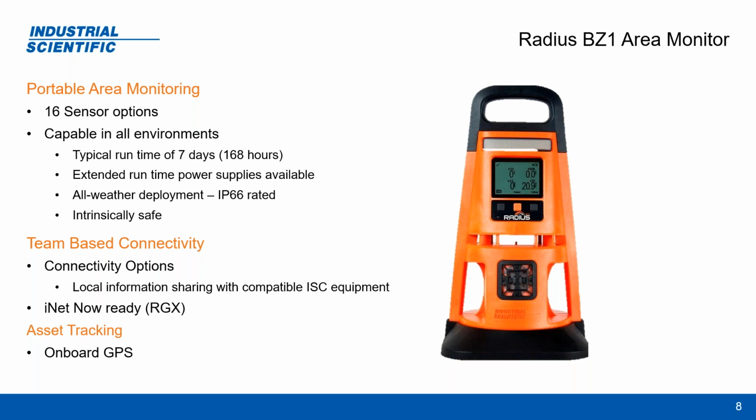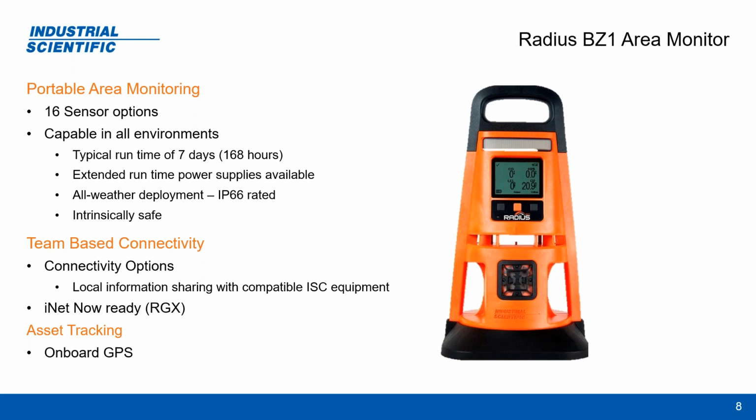The Radius can actually be configured to be up to a 7-gas monitor. And the Radius's claim to fame is really that it's meant to be put out in all conditions, in temporary assignments where you need gas detection.